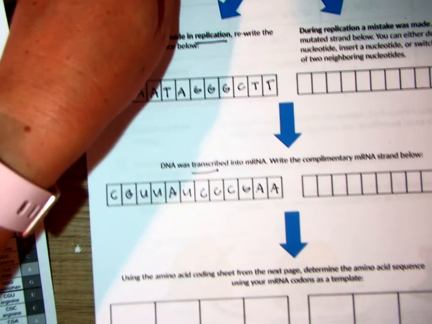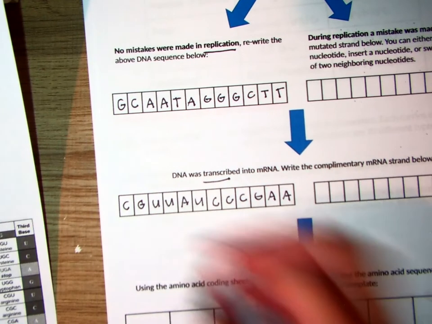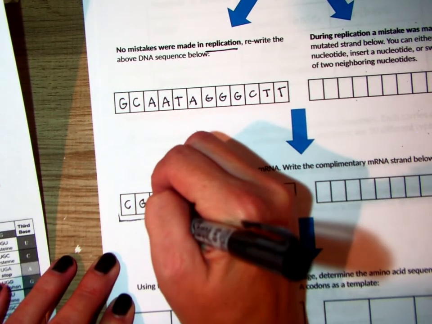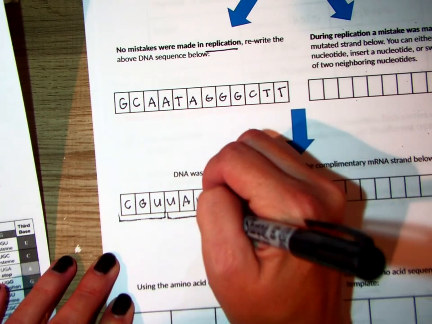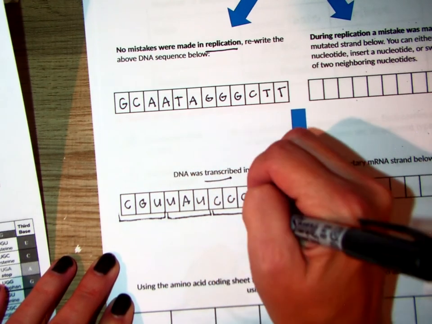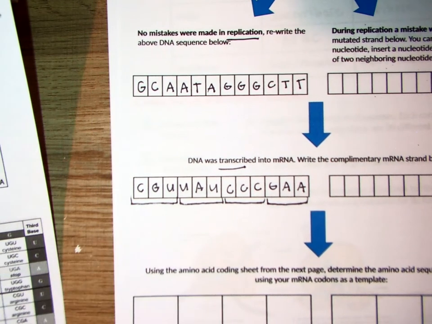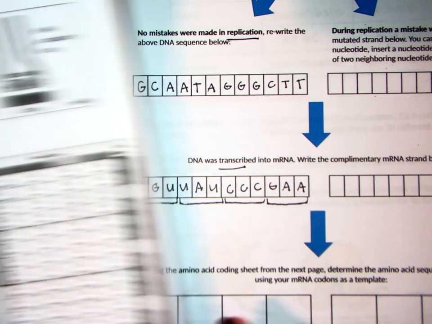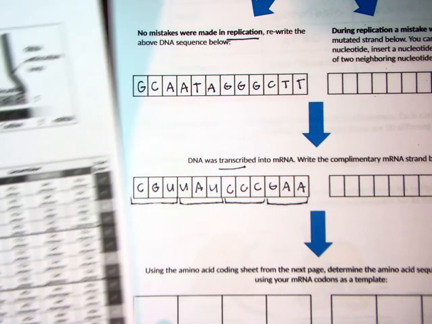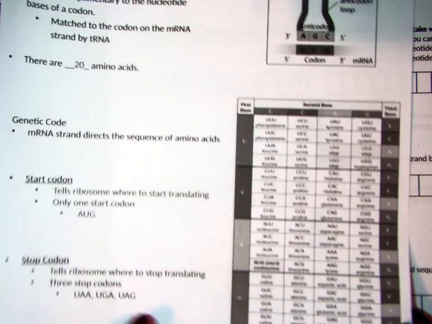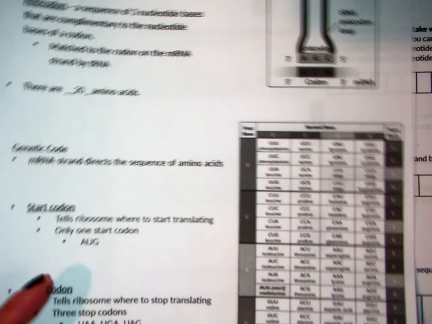So let's sketch out our codons. So 3 base pairs per codon. And then we can see, using this table, what they code for. I know mine is tiny, so let's see, our first one is CGU.